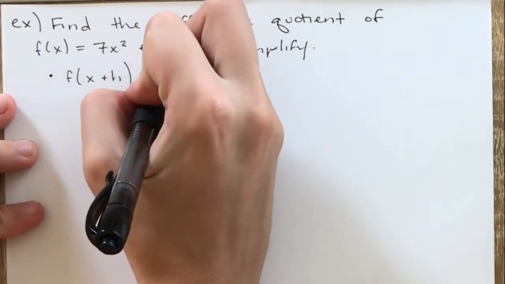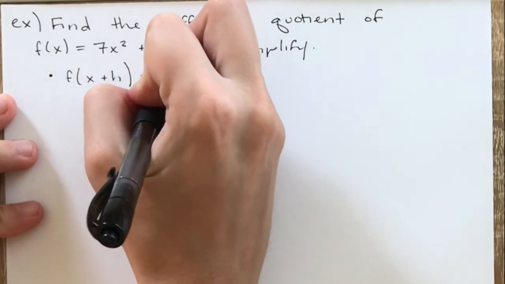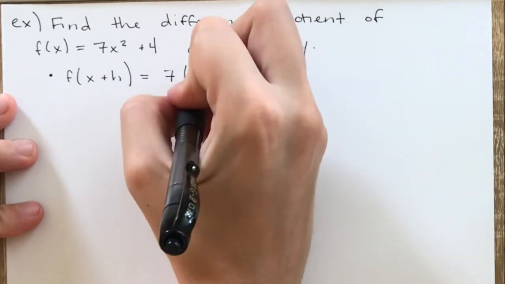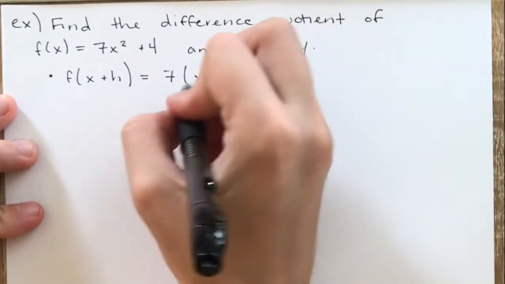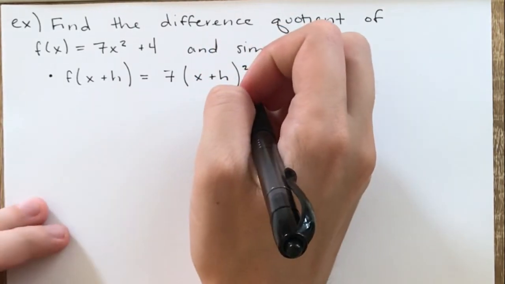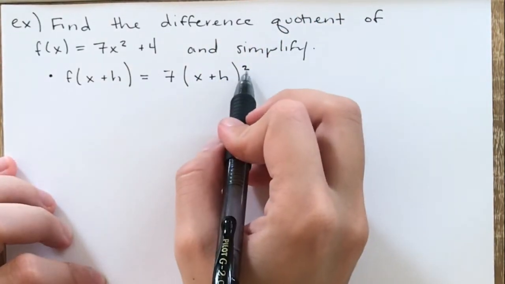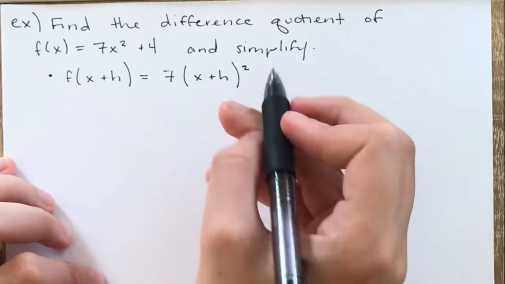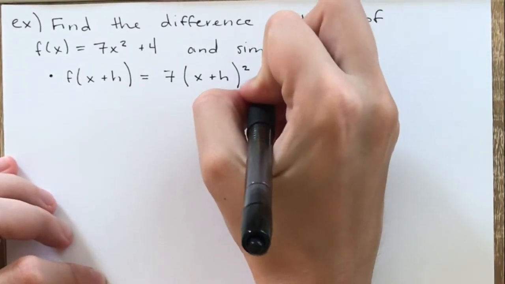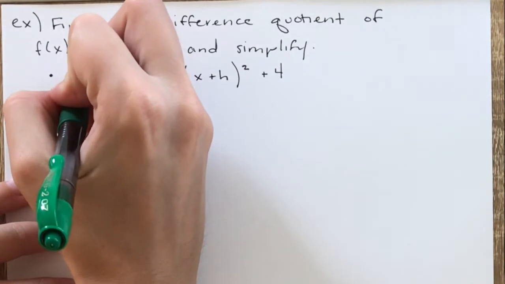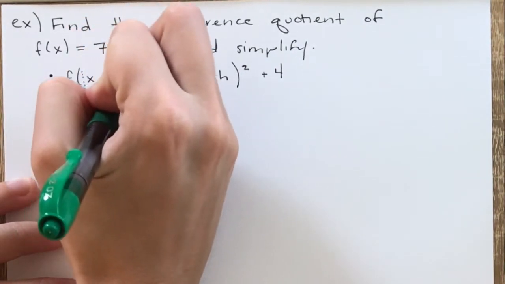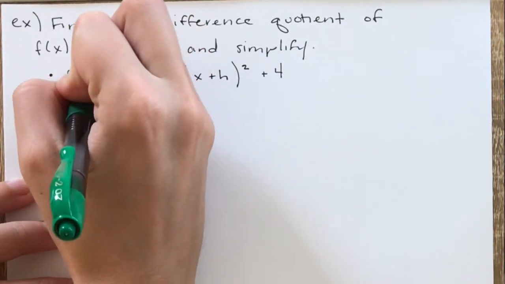So what is that equal to? 7 times x plus h all together squared. Definitely important to have parentheses here so that we know that we're squaring x plus h. Then plus 4.